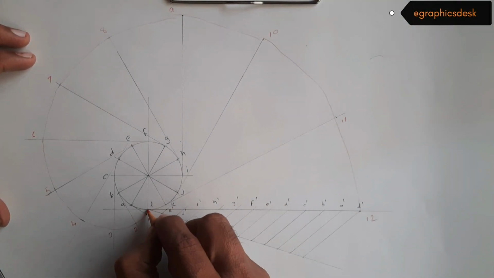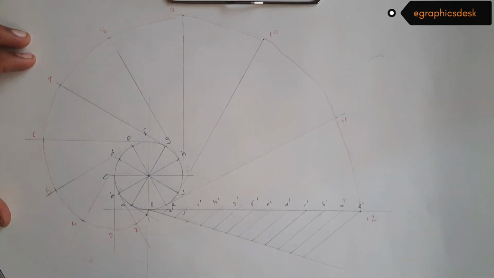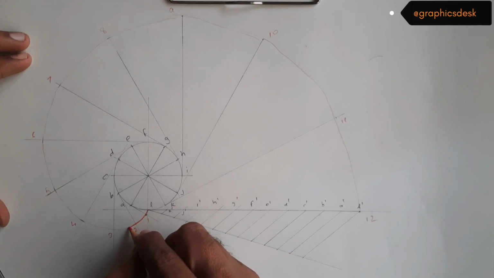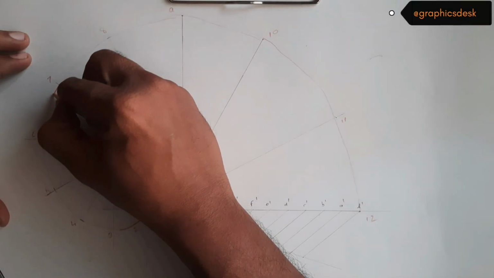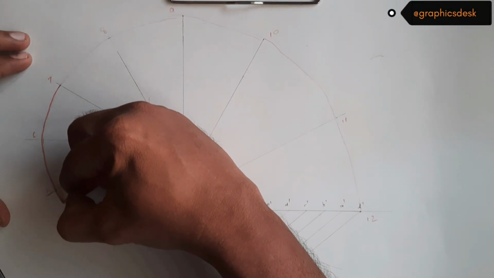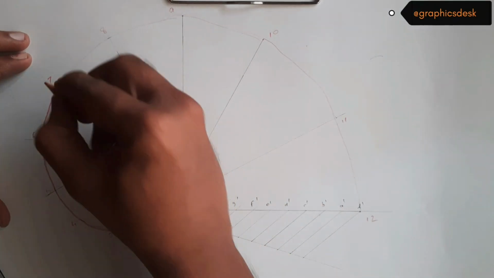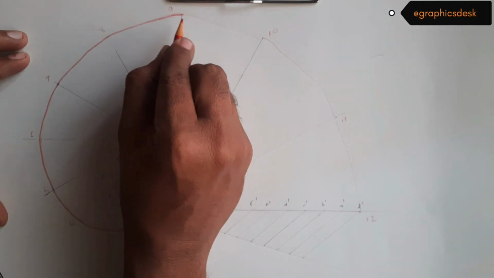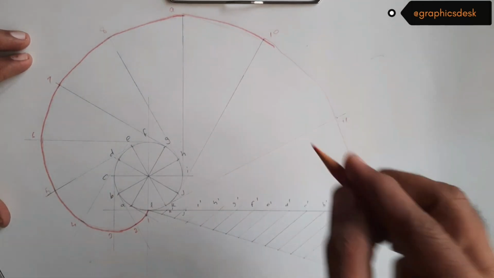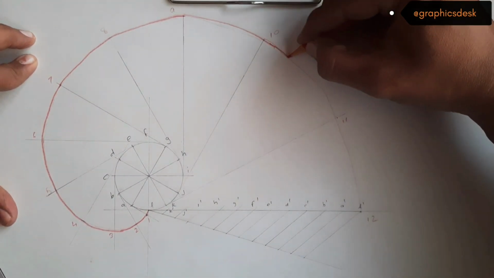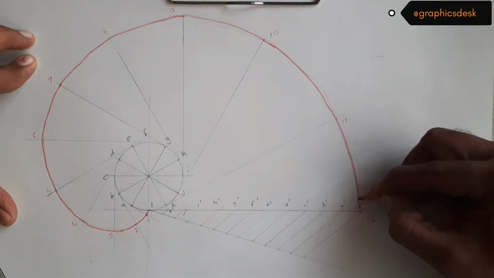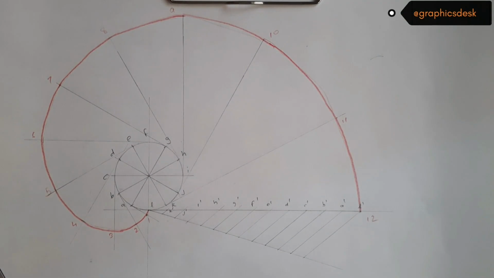And the final involute would look like this. This is what the final image will be.